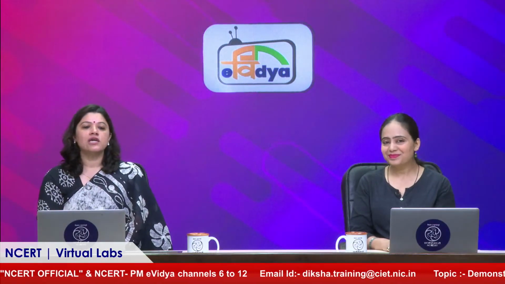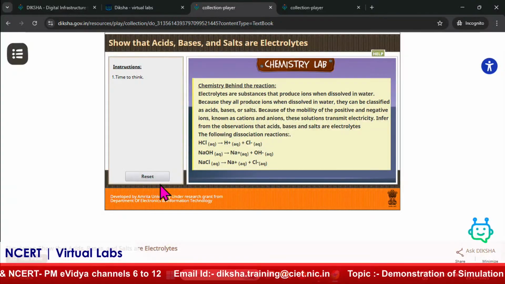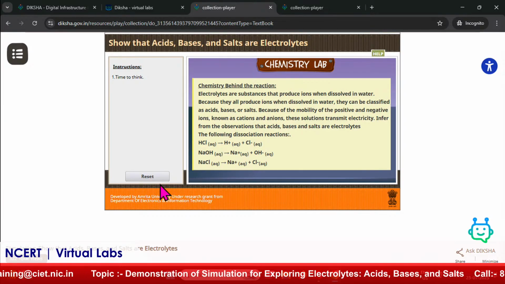So the teacher can place different kinds of electrolytes in front of students, and digital conductometers are available. They can give a sodium hydroxide solution because it is a strong base, and another component they can give a weak base.